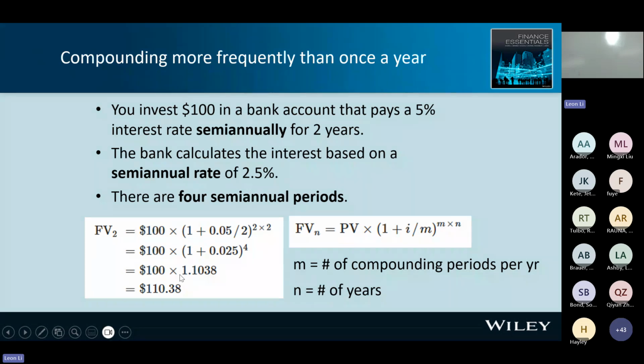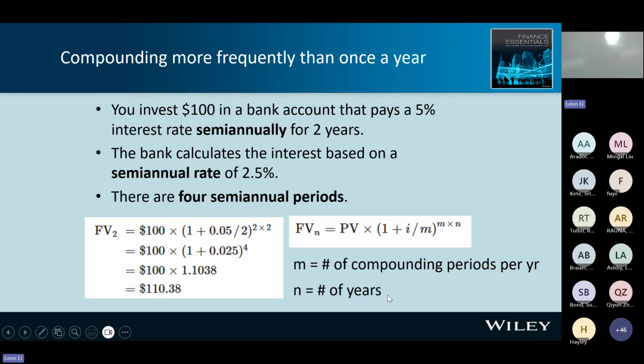So given this example, we'd like to give you the general equation. Future value at year N will be PV times 1 plus I over M, with power of M times N. M is the number of compounding periods per year, right?